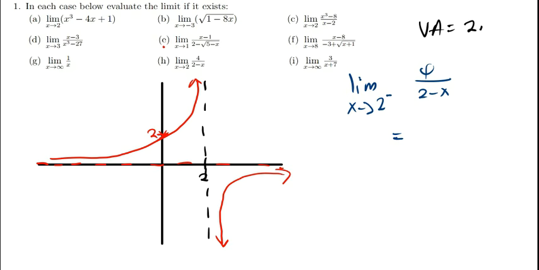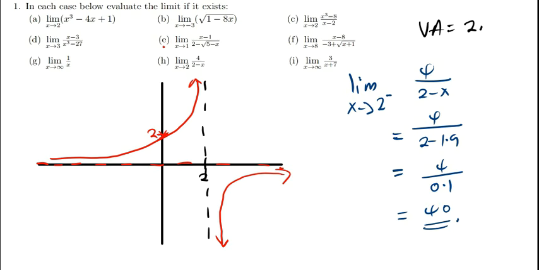If I plug in 1.9, which is closer to 2 but from the left, I get 4 over 2 minus 1.9, so 4 over 0.1. Multiplying top and bottom by 10, I end up having 40.